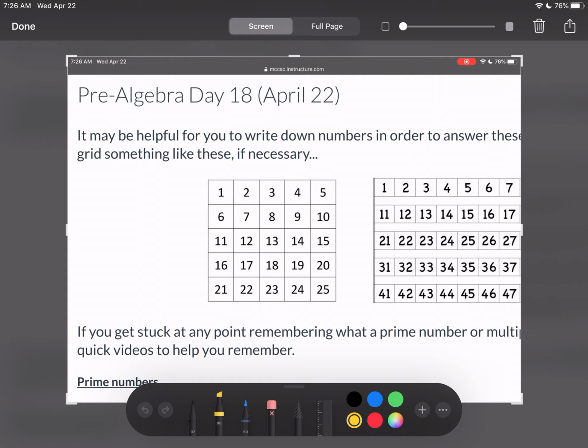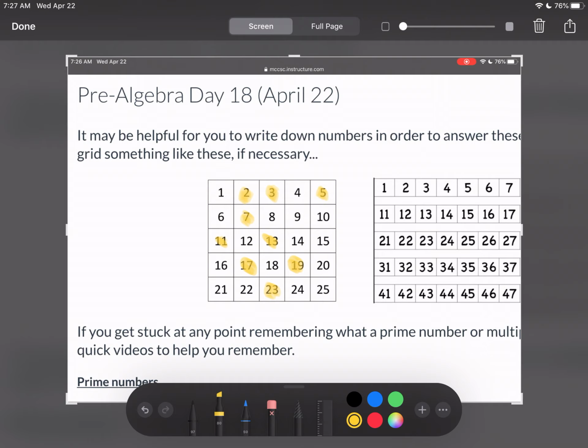We'll see. So we have 2 is prime, 3 is prime, 5 is prime, 7 is prime, continuing on 11, 13, 17, 19, 23. So notice how the only even number that existed was 2.